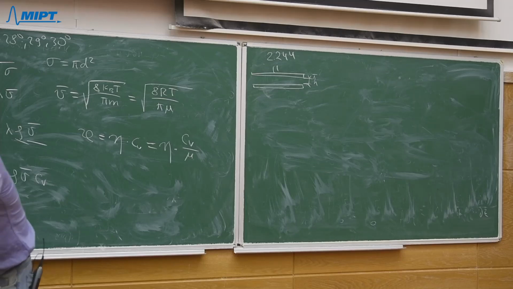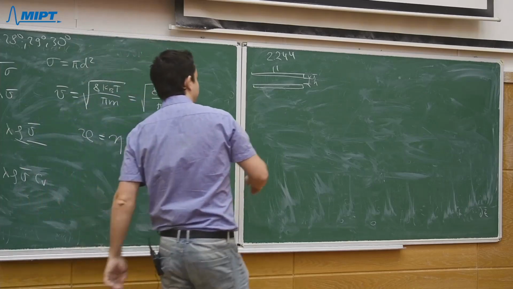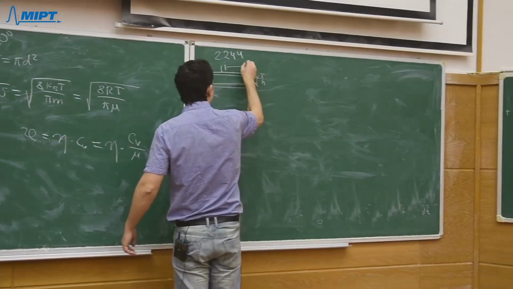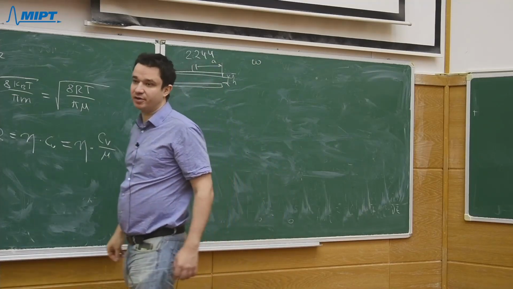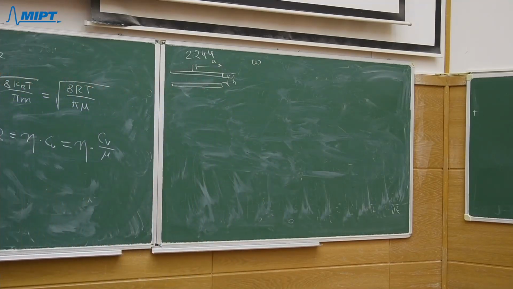Okay, the radius is a, much larger than h, and one of these disks is rotating at the angular velocity omega about the common axis of these two disks, while the other disk is stationary.